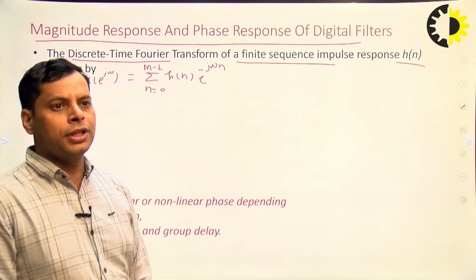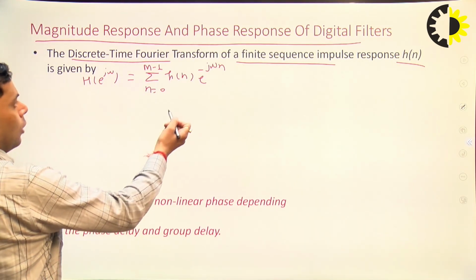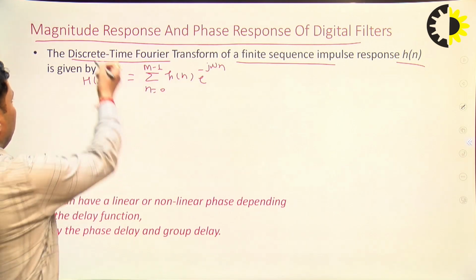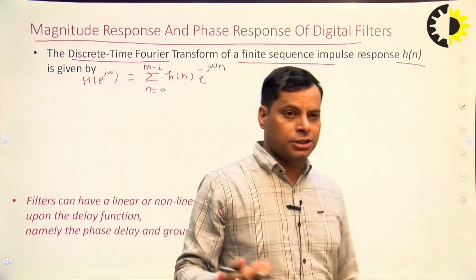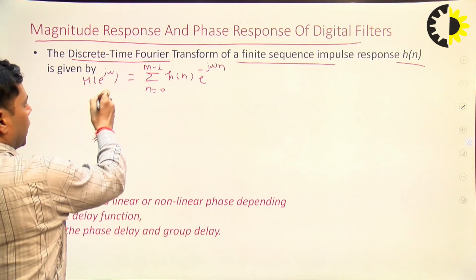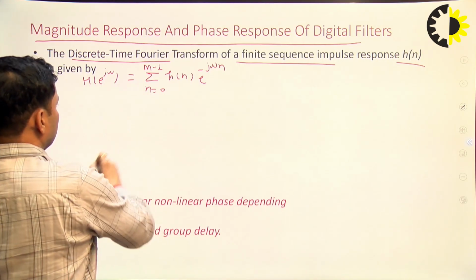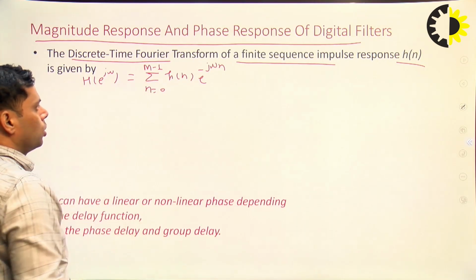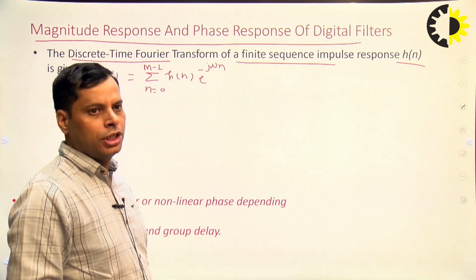This will be the formula by which we can evaluate the magnitude and phase response. h of n is simply the response of any FIR filter, and its Fourier transform is given by H of e raised to power j omega, equals summation n equals 0 to M minus 1, h of n into e raised to power minus j omega n.